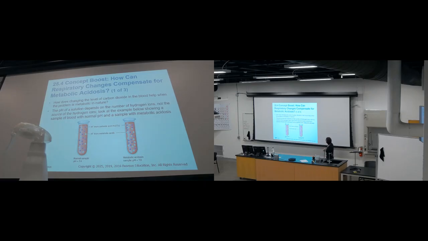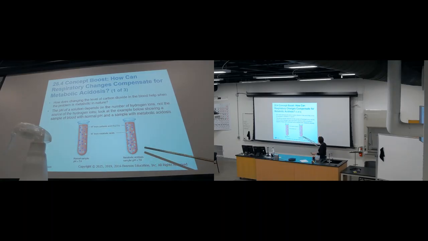So how do you change the level of carbon dioxide in the blood to help decrease or increase the levels of hydrogen ions? Well, when you have your pH of 7.4 in your plasma, you have normal levels of hydrogen ions from the metabolic acid that you produce. And then you have some hydrogen ions from this carbonic acid.